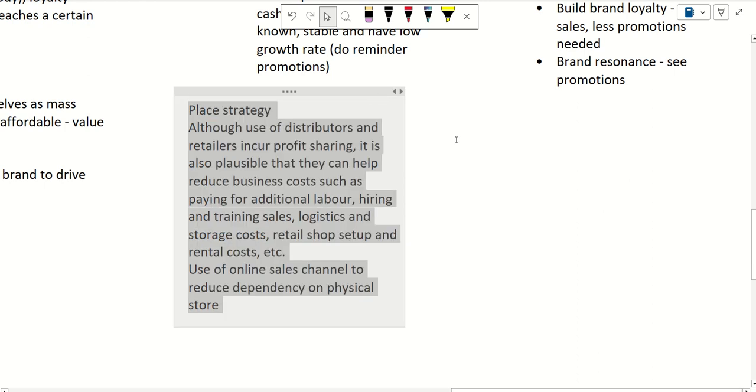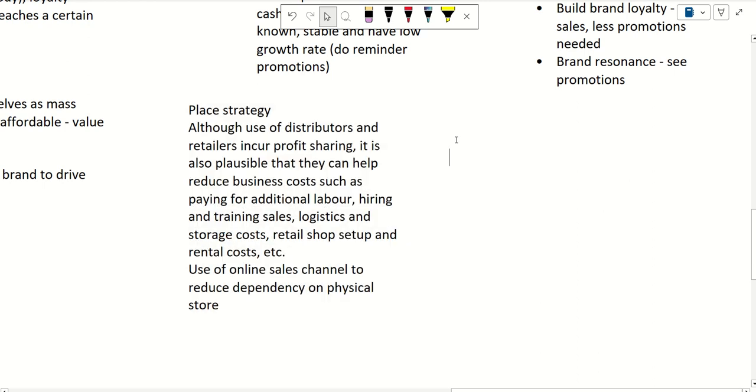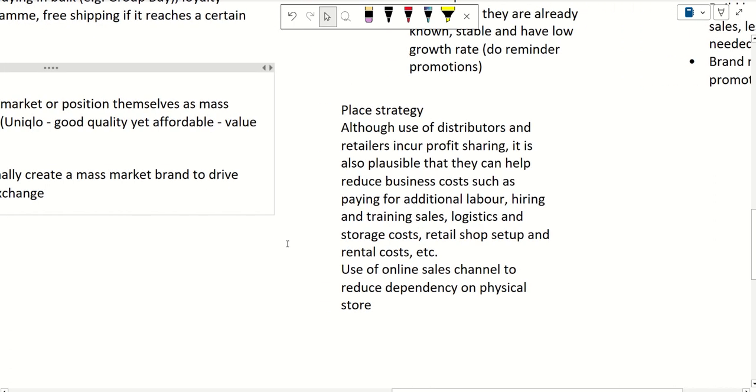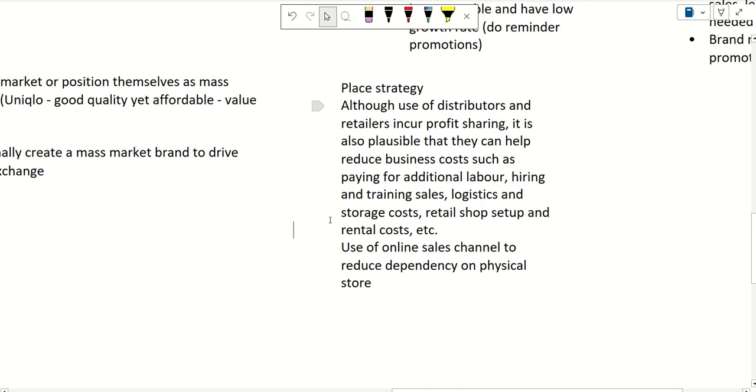So the place strategy is actually the use of distributors and retailers, which incurs profit sharing, right? Remember, I talked about this. It's also very possible that because you are using distributors and retailers, it's a type of outsourcing. So they can actually reduce business costs because they can hire the labor, do the sales, do the logistics, do the storage, the setup of the store, the rental, and everything, and you don't have to worry about all this.